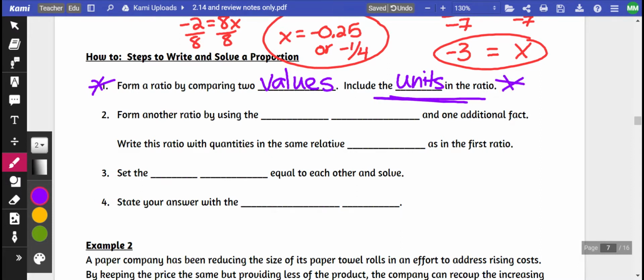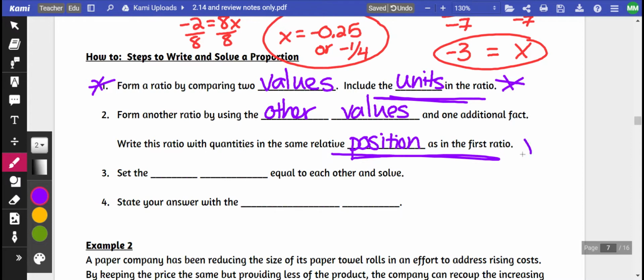Form another ratio by using the other values and one additional fact. Write the ratio with quantities in the same relative position as the first ratio. All right, so this is where you want to make sure that the units help you. Set the two ratios equal to each other and solve. State your answer with the correct label.